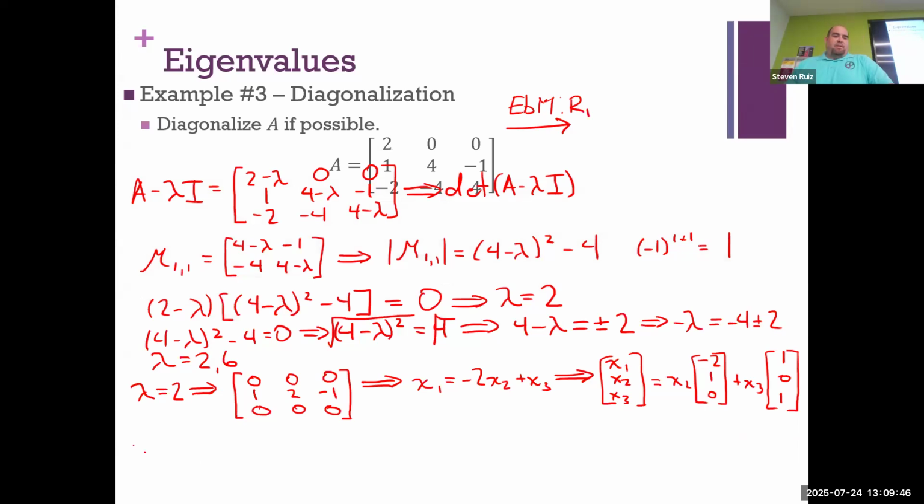All right, now when lambda equals 6, the matrix I get is -4, 0, 0; 1, -2, -1; -2, -4, -2. What can be done with this?